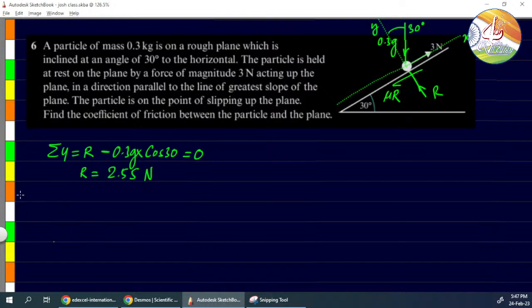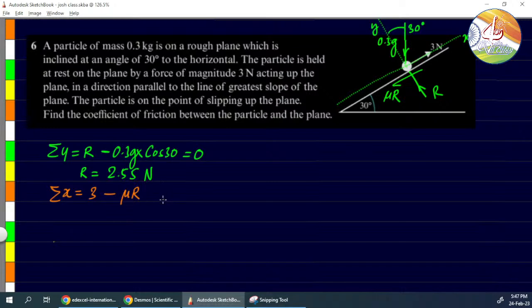Next we have to take the x components. So what are the forces in the x direction? First we have 3 newtons, right? Then minus mu times R, correct?